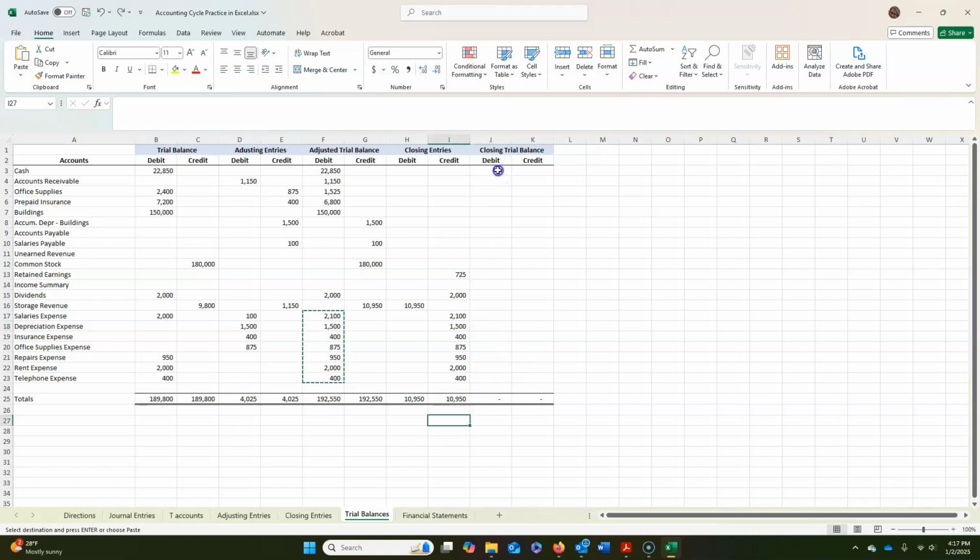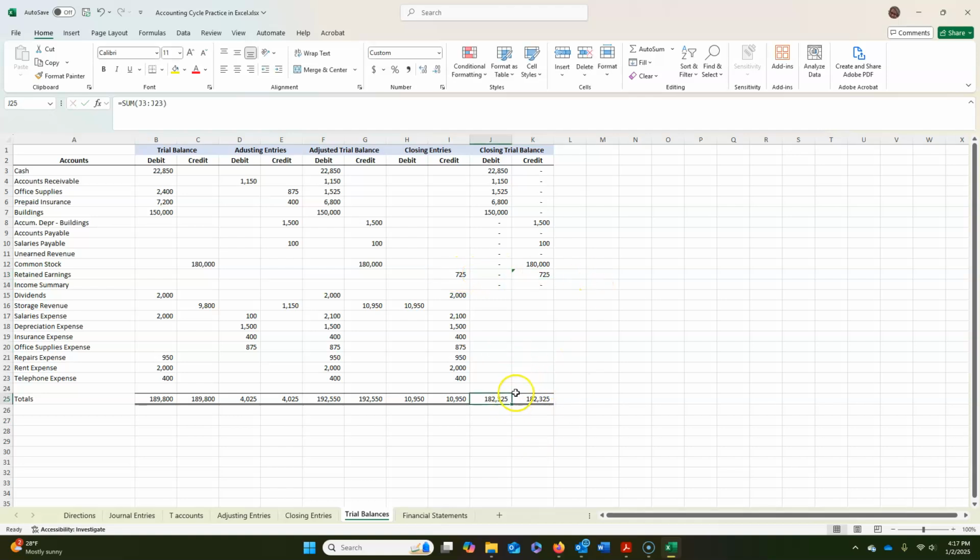So now in your closing trial balance, you should only have balances. These should all equal out to 0, and we should only have balances in these accounts. Okay, and we're looking at this here and we don't equal. And so we're like, why don't we equal?